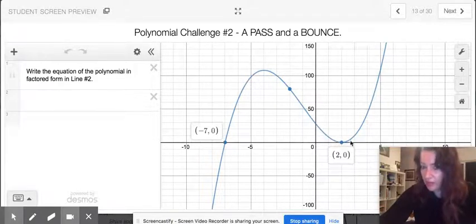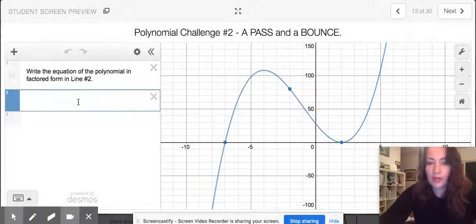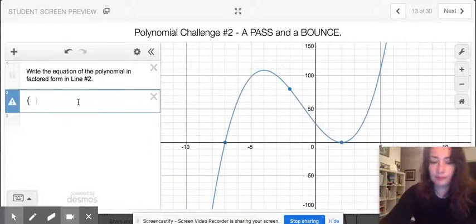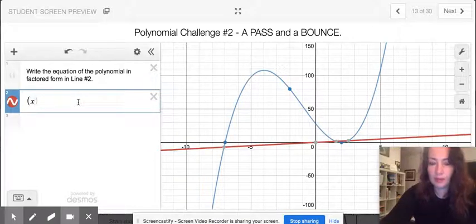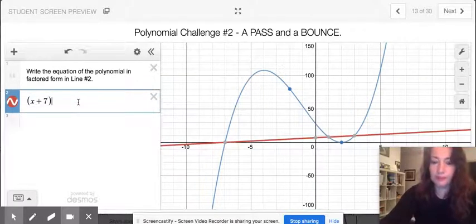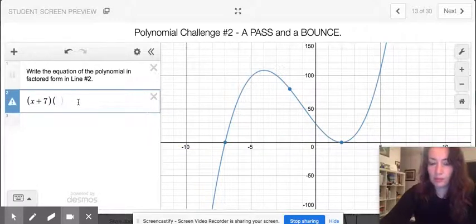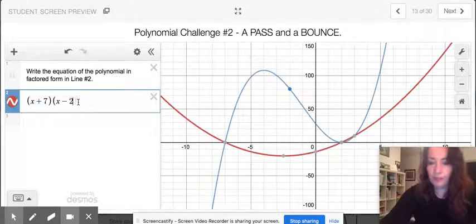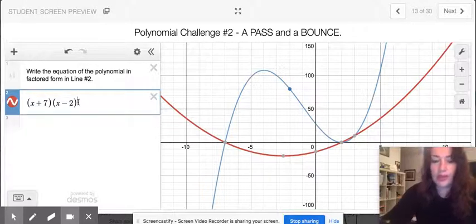In this case, it's going to be degree 2. So we can write this equation as (x plus 7) times (x minus 2), and we want to raise that to the second power.